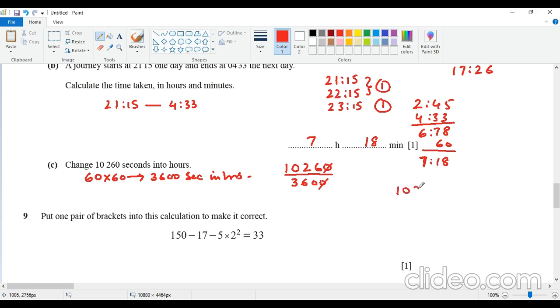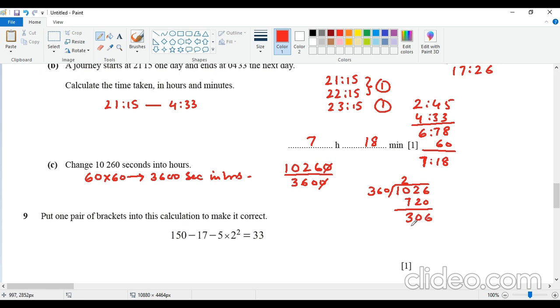So 1026 is divided by 360. So we know very well that 360 times 2 is going to be giving you 720. And once 720 is subtracted from 1026, it's going to be giving you 306.